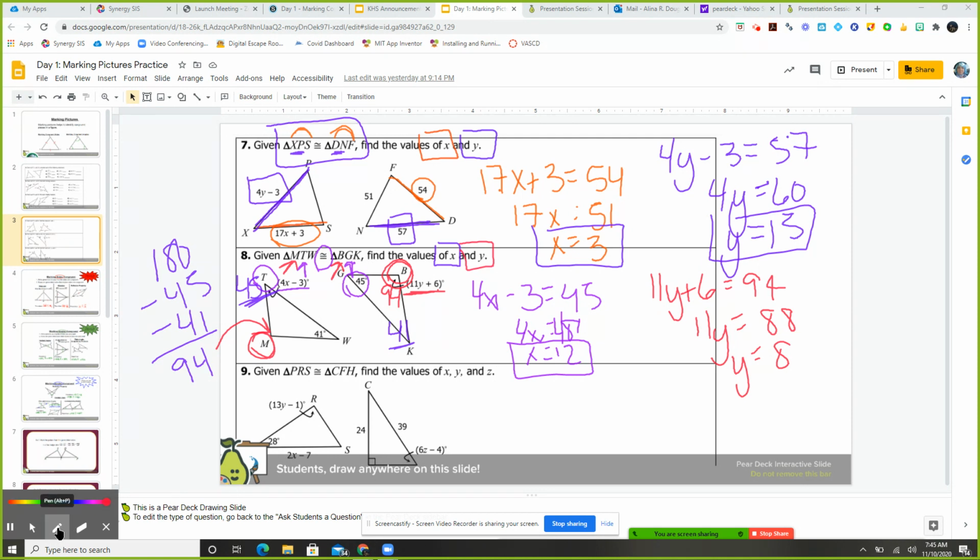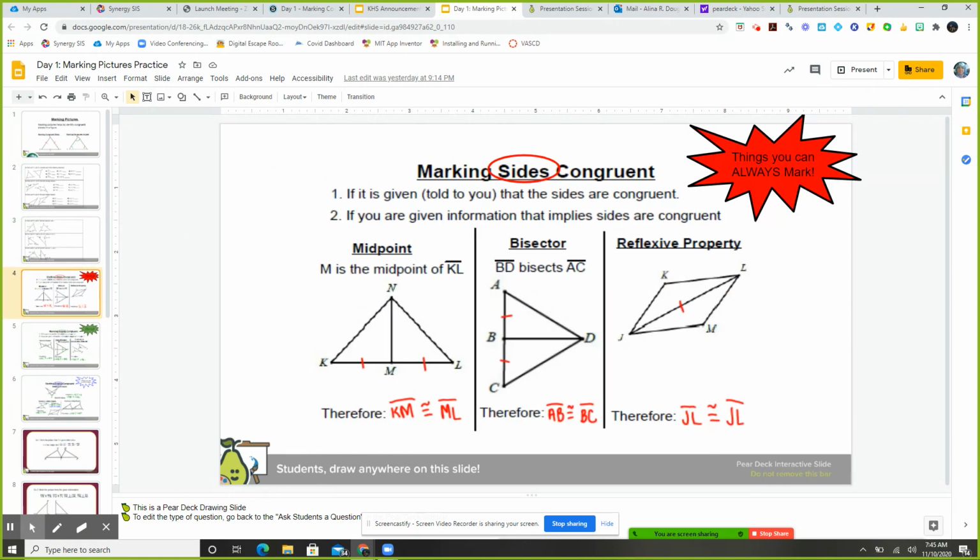Okay. Let's take a step back for a minute and just go back to some markings. There are some true things about sides that you can always mark, and it goes back to the definitions we learned at the very beginning, way back in September, that seems like a lifetime ago. Okay. So if I tell you that something is the midpoint of something else, the result is two congruent segments.